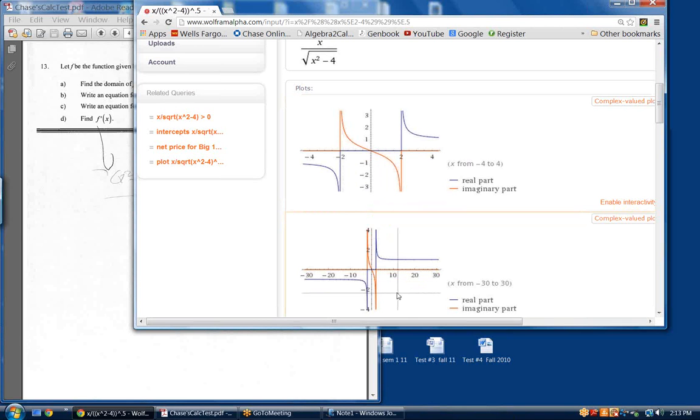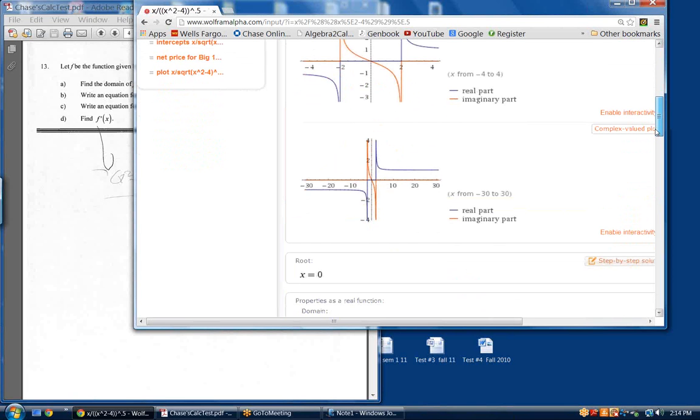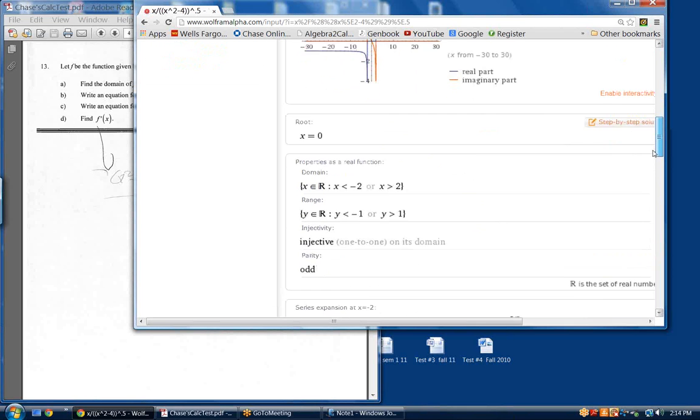Now, I don't see a horizontal asymptote here. Why is there no horizontal asymptote? Oh, it looks like the horizontal asymptote is at +1 and -1.